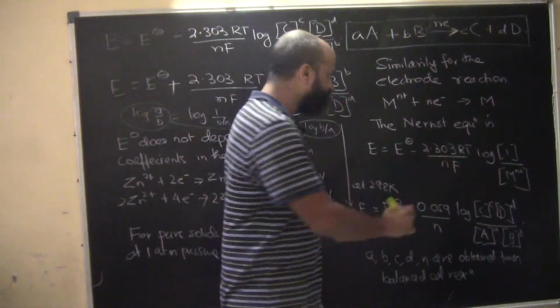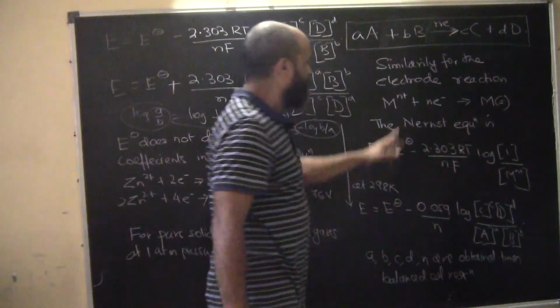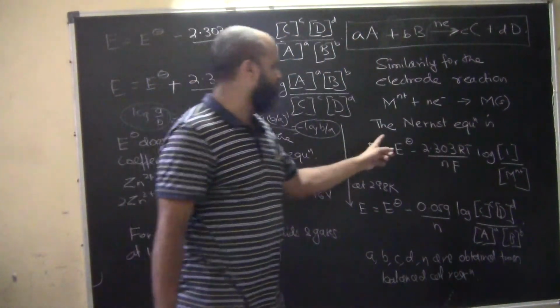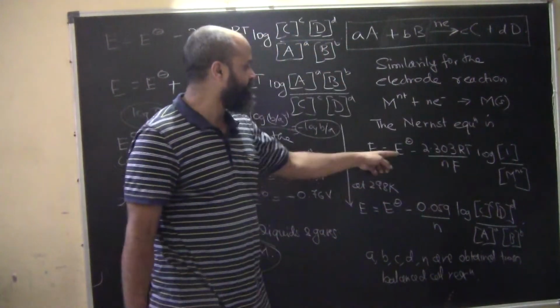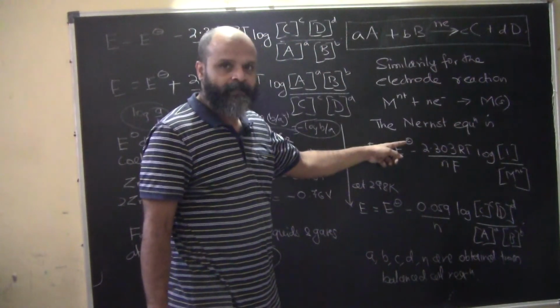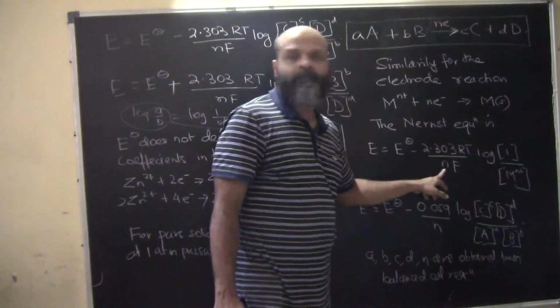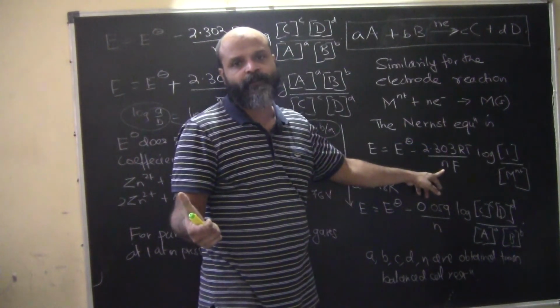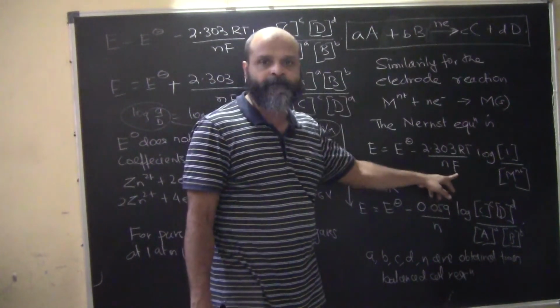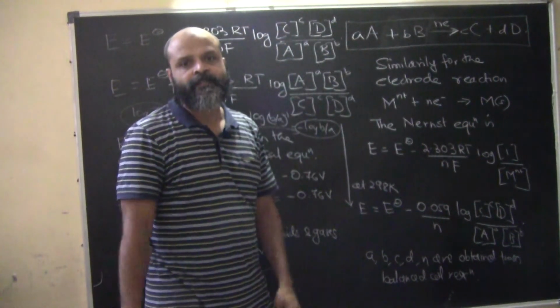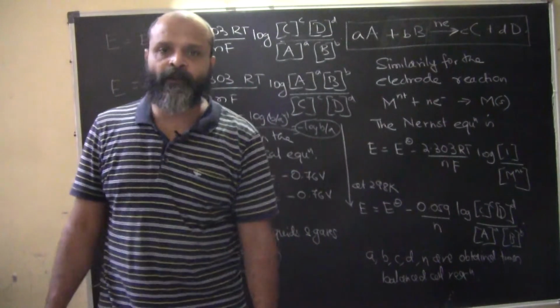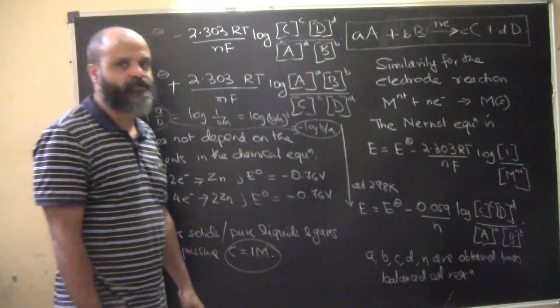Now for the Nernst equation, let's say the molar concentration here is of a pure solid. It will have its own concentration. So now the Nernst equation here will be EMF of any cell equals standard EMF minus 2.303 RT by NF, where N is the number of electrons lost in oxidation and F is Faraday's constant, the charge carried by 1 mole of electrons, that's 96500 coulombs.